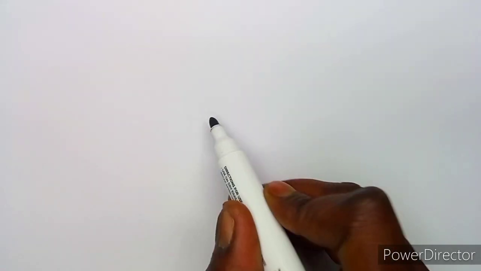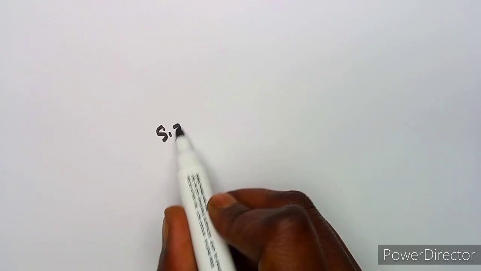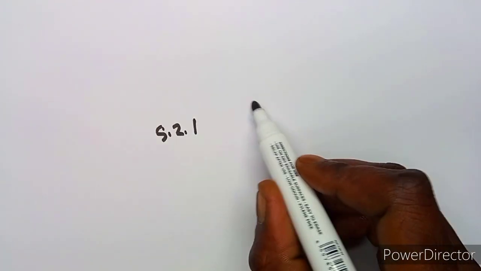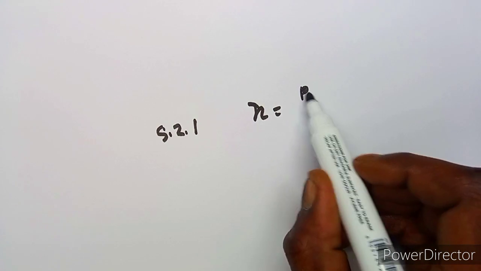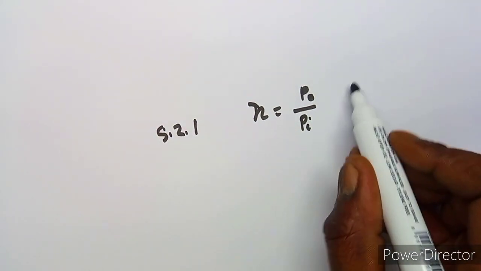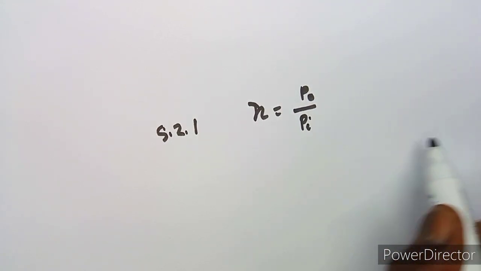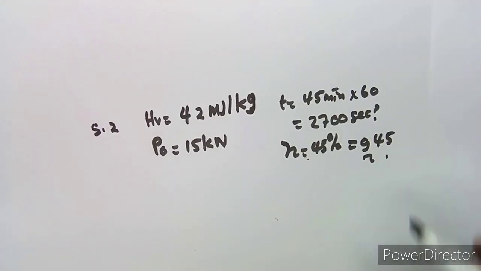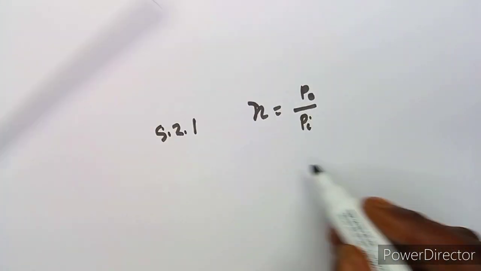So from our thermal efficiency, we can play around with it, because we know that thermal efficiency is equal to power output over power input times 100%. Like I said, if you work with a percentage, you have to multiply by 100%, but in this case I'm going to use a decimal, so there's no need to multiply by 100%. I'm just going to substitute my efficiency, which is 0.45 as a decimal.